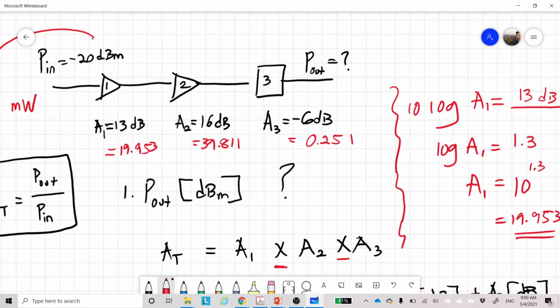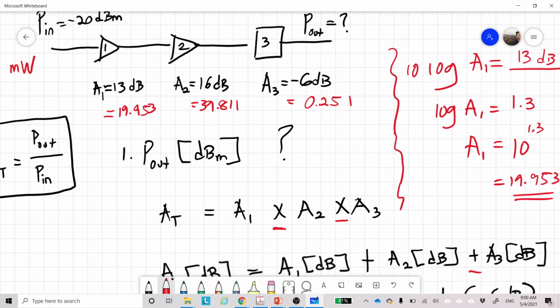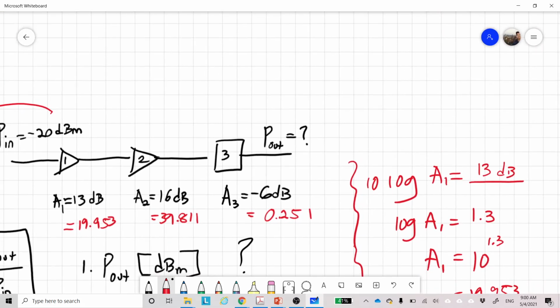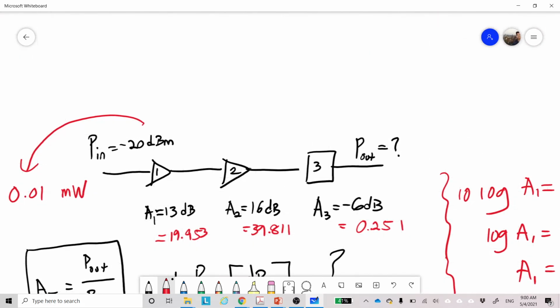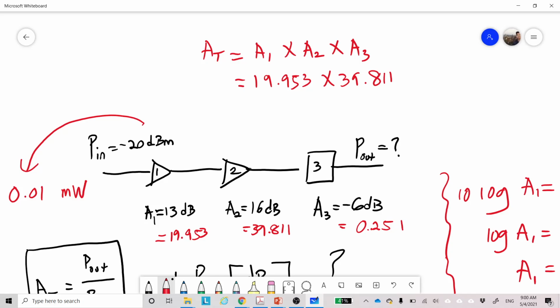So now I will find the A total. So how to calculate the A total? A total is equal to A1 multiplied A2 multiplied A3. So this one is 19.953 multiplied with 39.811 multiplied with 0.251.